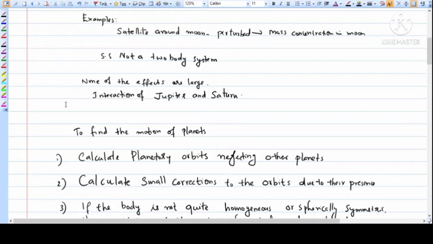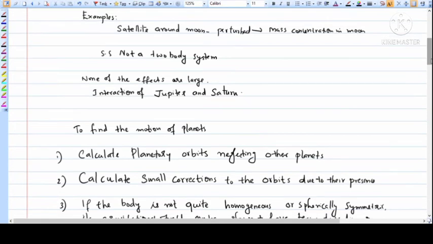Another example: the planet Mercury may be slightly perturbed by an equatorial bulge of the sun. That is, the sun is not actually a sphere, so the equatorial bulge of the sun may cause perturbation in the planet Mercury. These are the points that we have to remember when we are dealing with planetary motion.